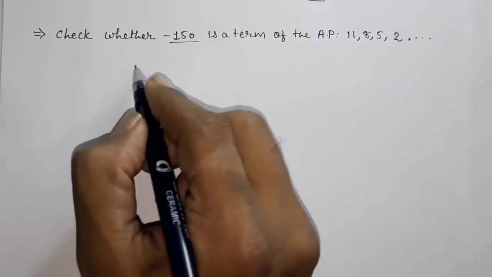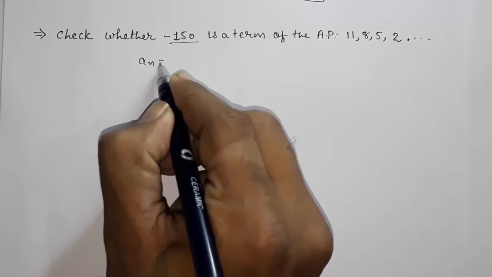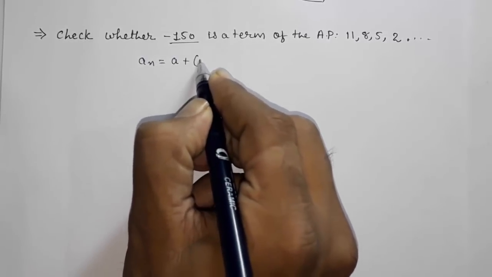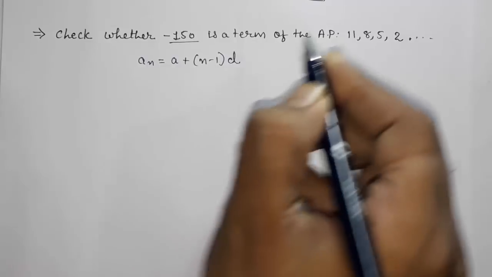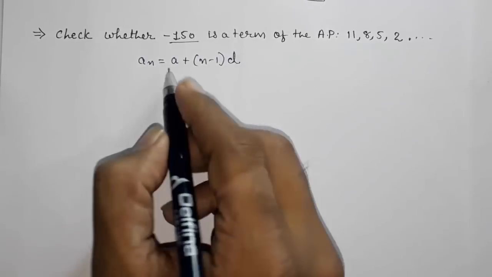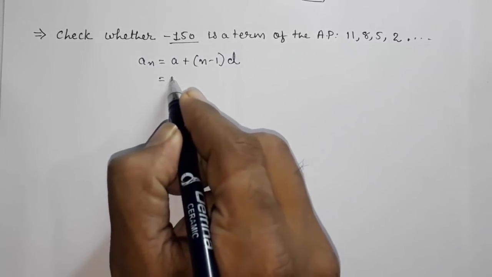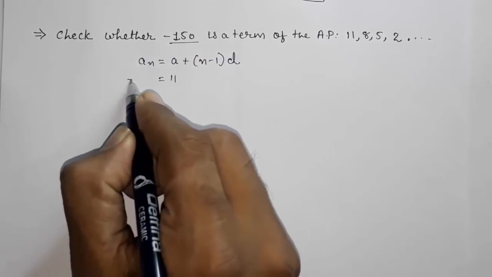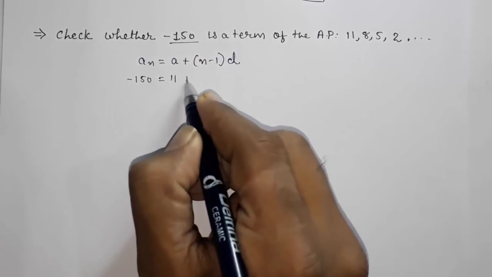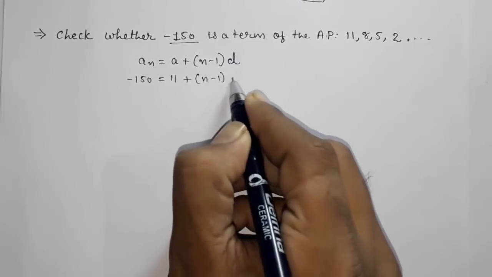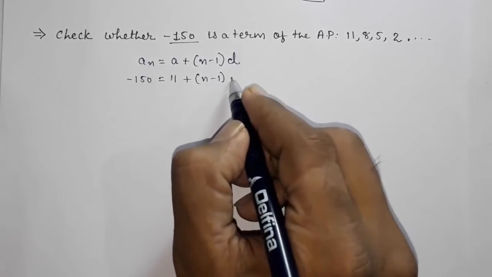So first we have to find n. Again the same formula, an is equal to a plus n minus 1 into d. Again our first number will be a, 11, this will be our an, and if our n comes out a natural number, then and only then we can say it is a term.